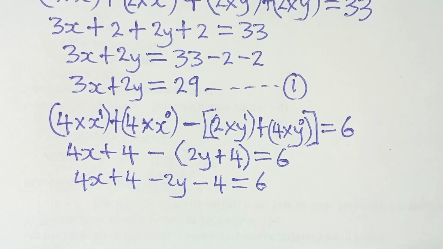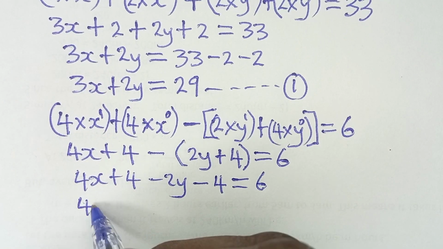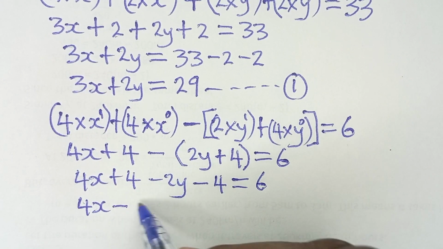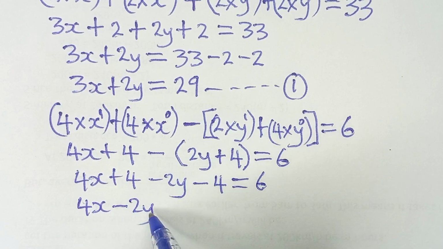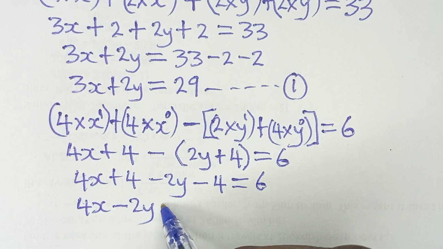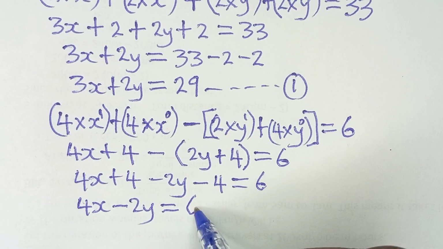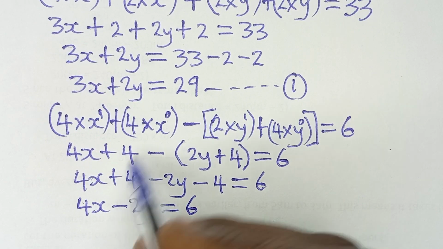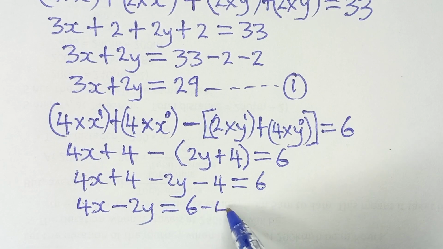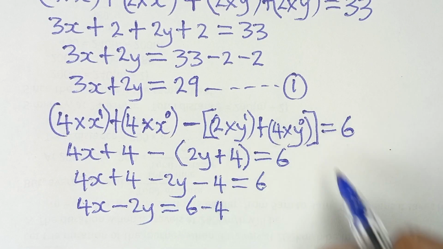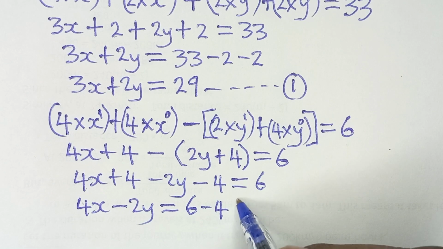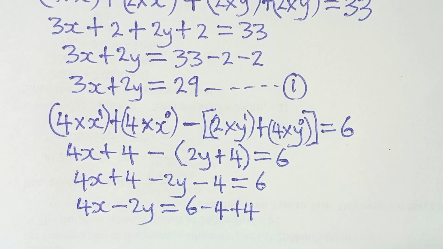And then we can leave the y terms on this side, so we say 4x minus 2y, the x and y terms, we leave them on this side. That will be equal to 6 on the right hand side. This positive 4 comes to that side, becomes negative 4, and then this negative 4 goes to that side, it becomes positive 4.